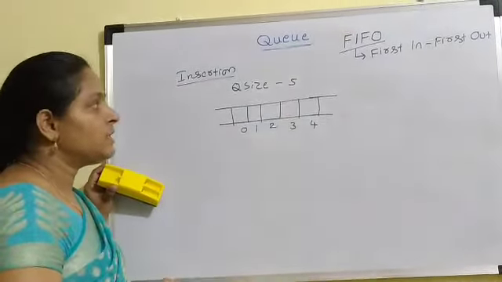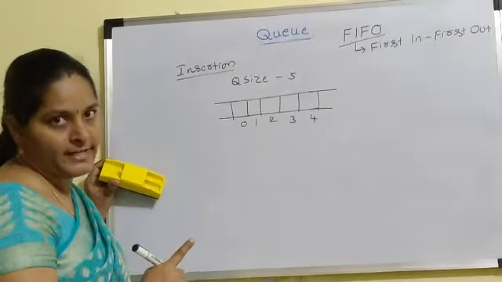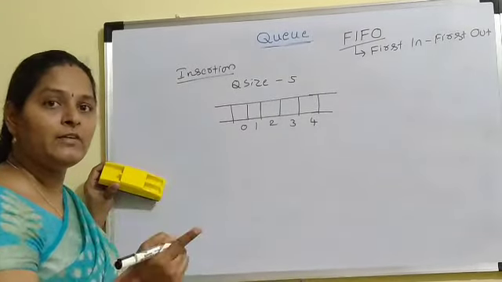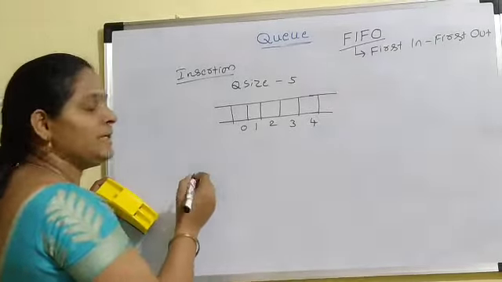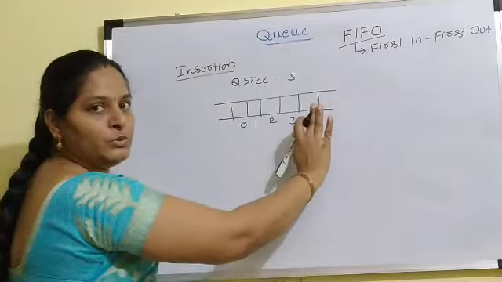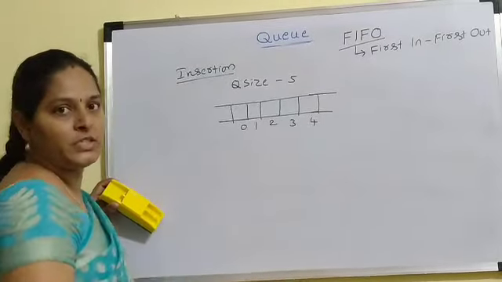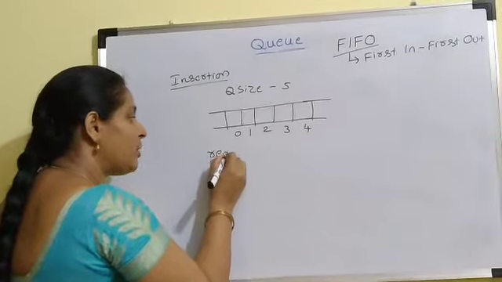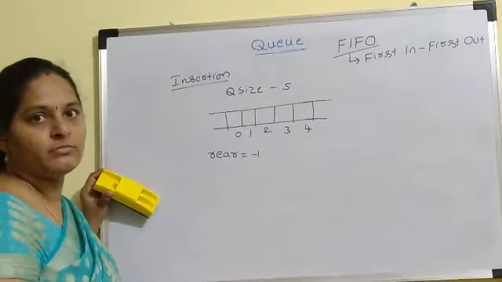The queue contains 2 ends, the front end as well as the rear end. The front end we use for deletion purpose and the rear end we use for insertion purpose. Initially there are no elements in the queue. We have not yet started the insertion operation. So we need to initialize the rear pointer to -1.